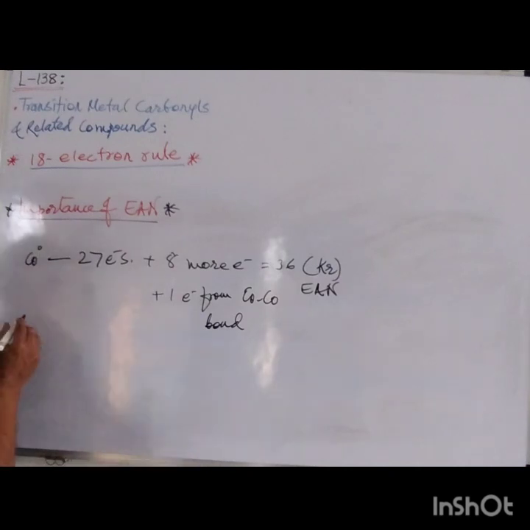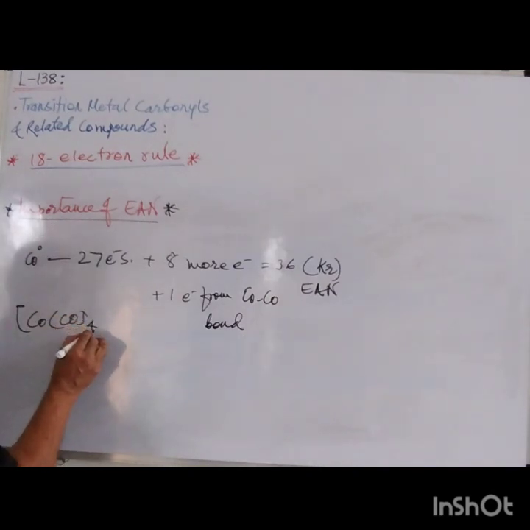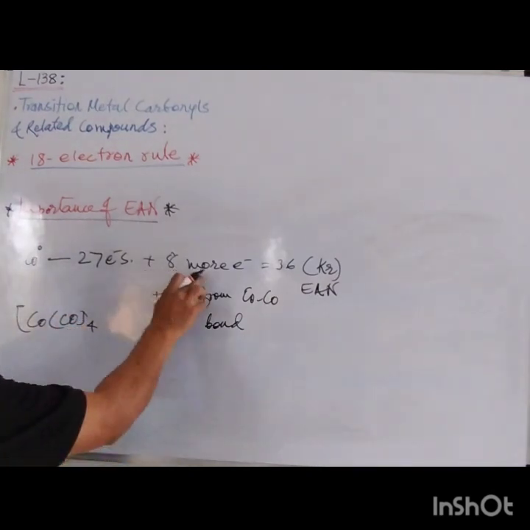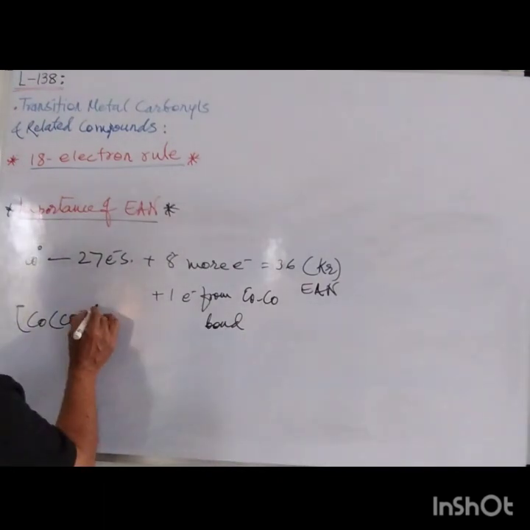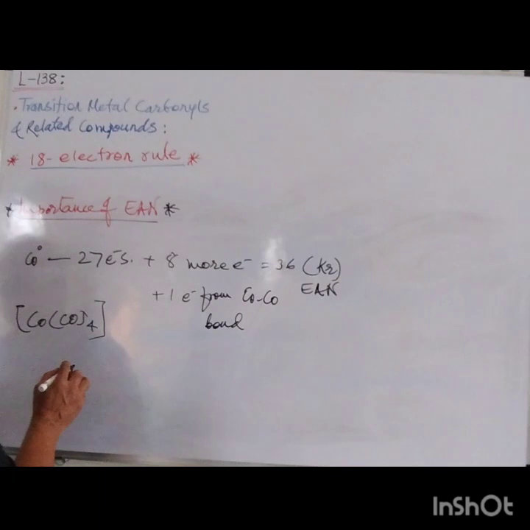So thereby it gives the Co(CO)4, 8 electrons are contributed by 4 CO. So Co(CO)4. But this species is not stable. This is unstable.